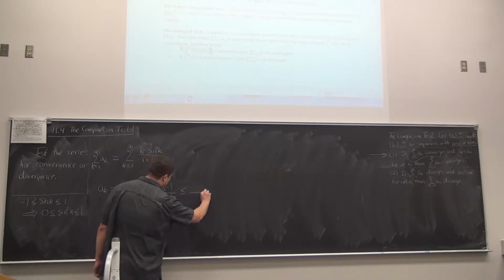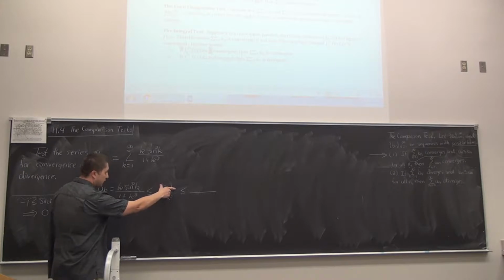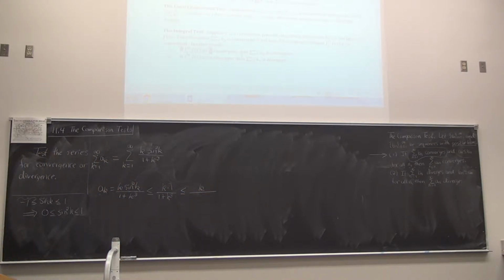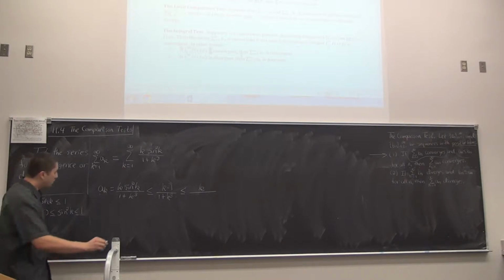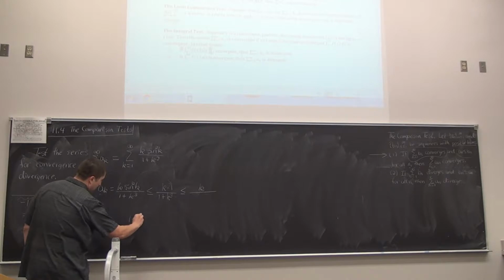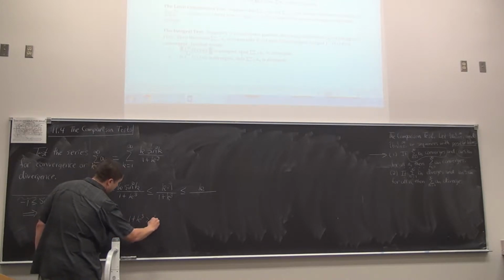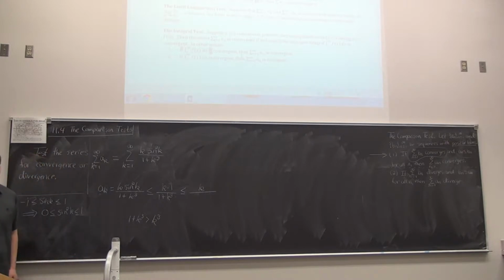This will be less than or equal to, I can't really do much with the numerator, so I'm just going to call it k. We don't want to estimate too abrasively, or else things can go awry. So we're going to work with 1 plus k cubed. 1 plus k cubed is definitely bigger than k cubed. So that's a nice inequality that we always have.